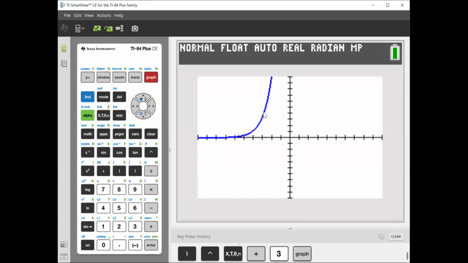Okay, so you can see the domain is negative infinity to infinity because it goes from negative infinity towards positive infinity for all x values. In range, you can see that it goes from 0 all the way to infinity for all the y values.